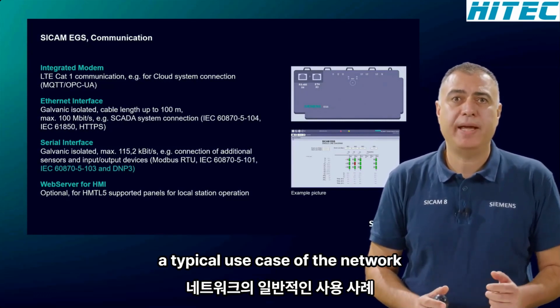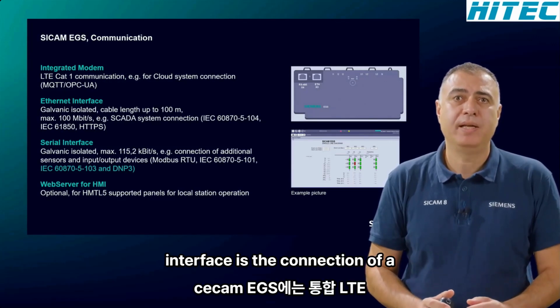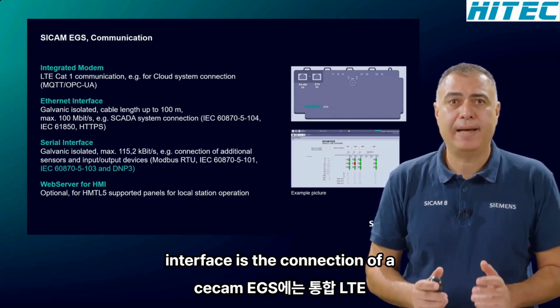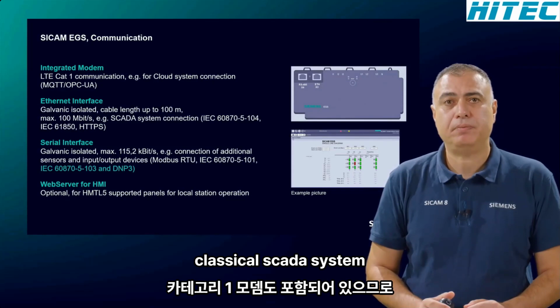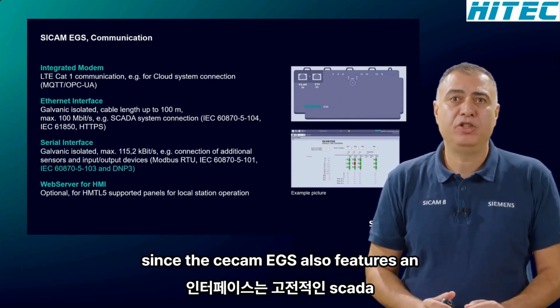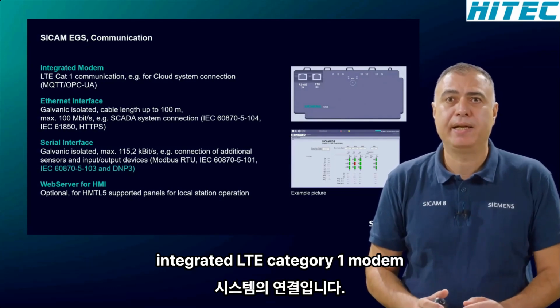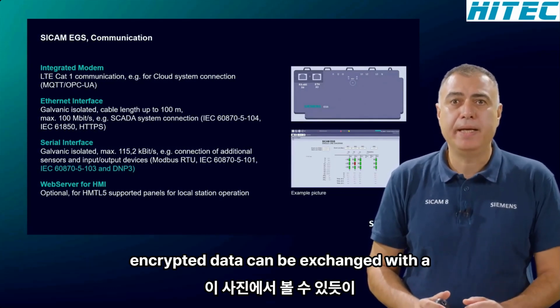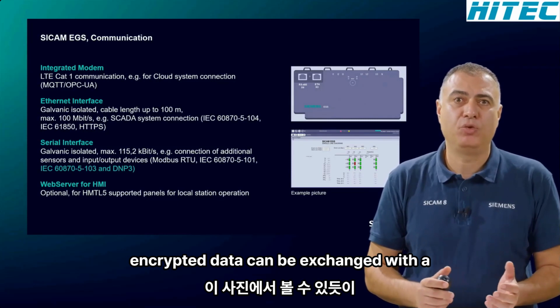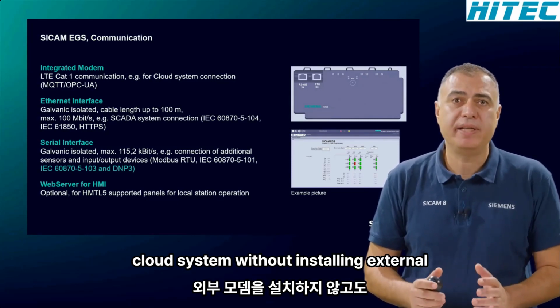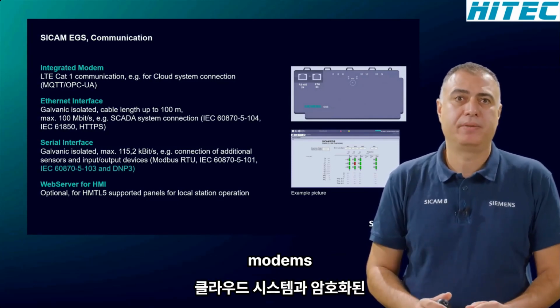A typical use case of the network interface is the connection of a classical SCADA system. Since the SICAM EGS also features an integrated LTE Category 1 modem, encrypted data can be exchanged with a cloud system without installing external modems.